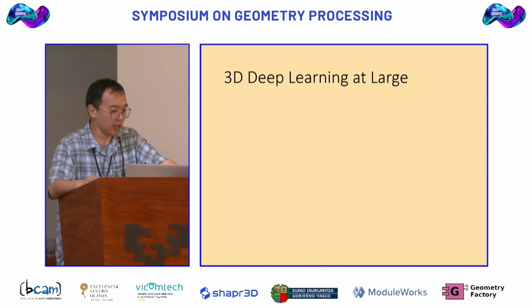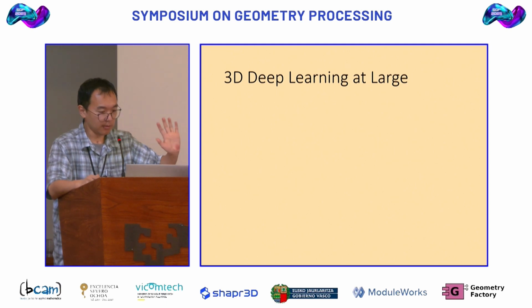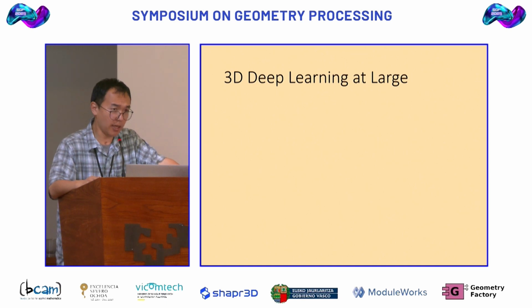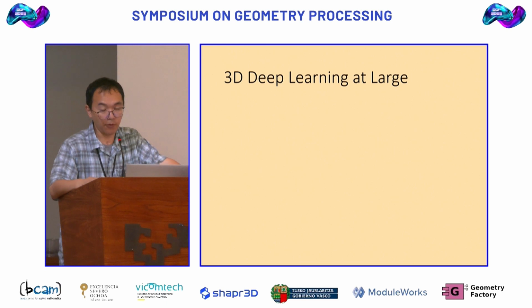So first of all, if we want to do any deep learning in 3D, one very important problem to solve for any machine learning problem is how to represent 3D data in those standard forms like vectors, matrices, sets, and graphs. Because if you want to apply machine learning, you have to encode 3D data in those standard forms.